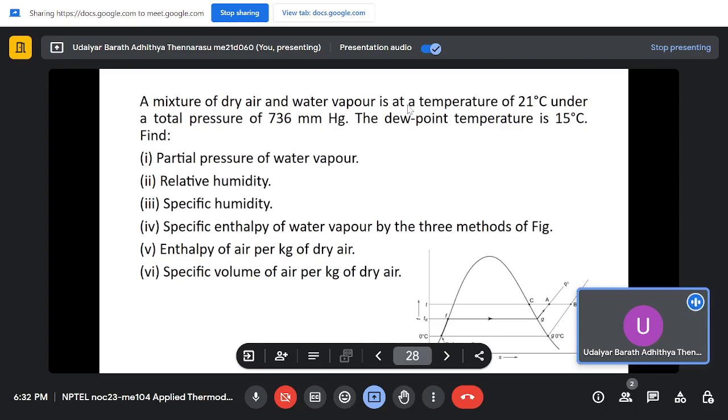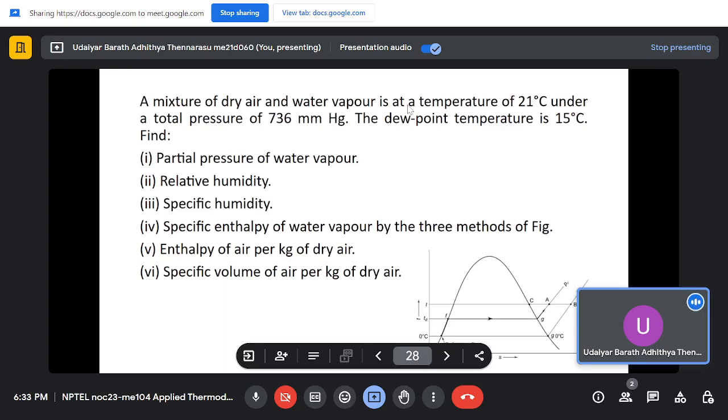So the next question is: a mixture of dry air and water vapor is at a temperature of 21 degrees Celsius under a total pressure of 736 mm of Hg. The dew point temperature is 15 degrees Celsius.